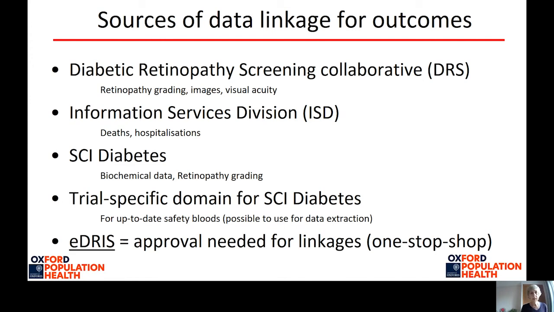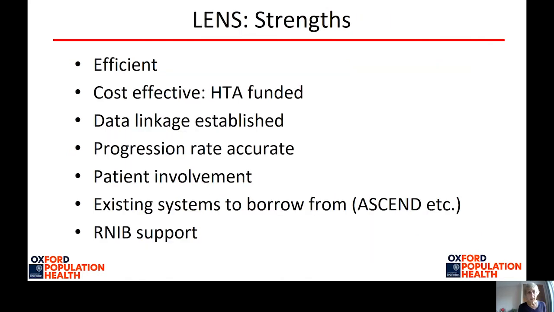And importantly, SCI-Diabetes allows access for these particular patients, through the appropriate approvals, to their biochemical data and safety blood results. So by linking to information that's already collected, it means that this trial can be run very cost effectively and very efficiently.